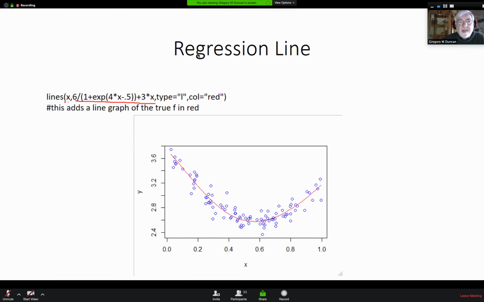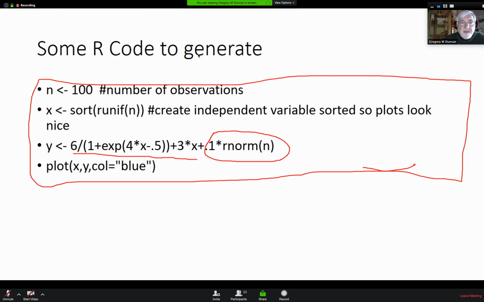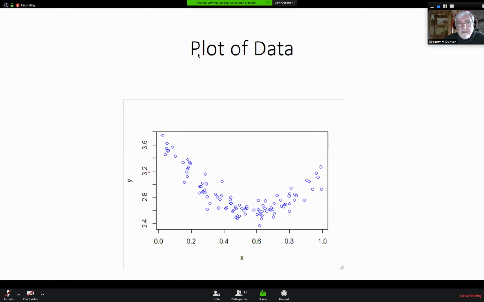If I execute this after a plot, it will overlay this on the plot.